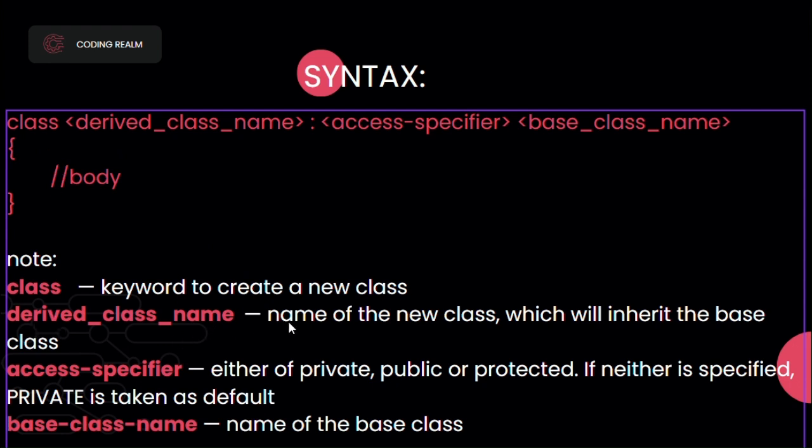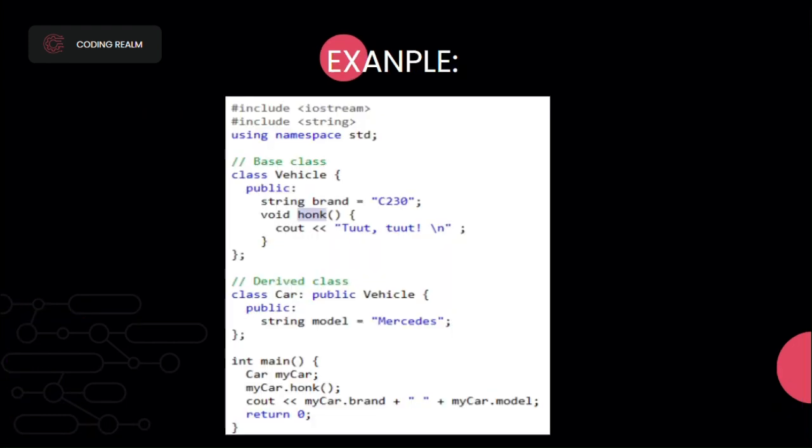The derived class name is the name of the new class, which will inherit the base class. The access specifier is either private, public, or protected. If neither is specified, private is taken as default. And the base class name is the name of the base class. Let's see an example.